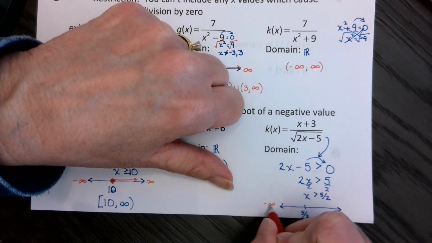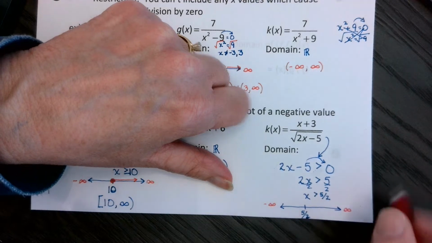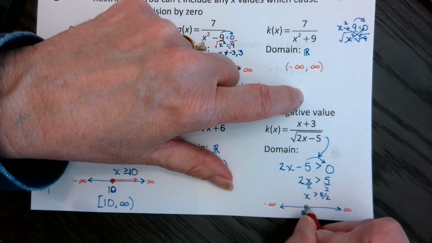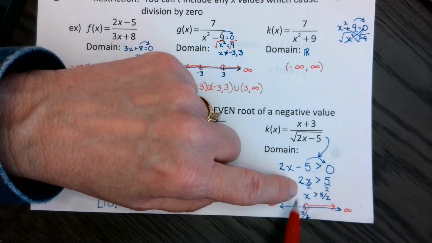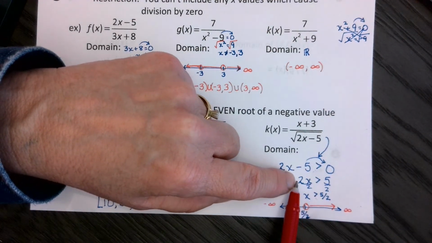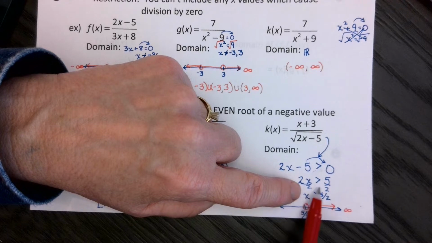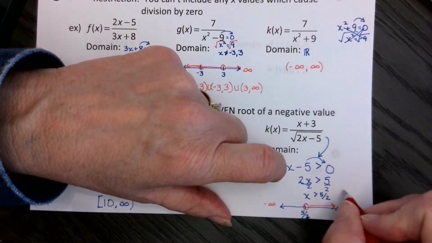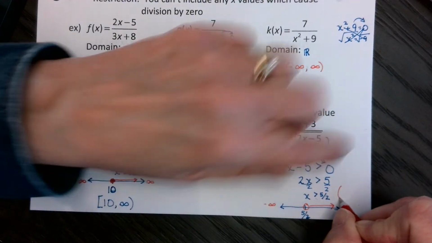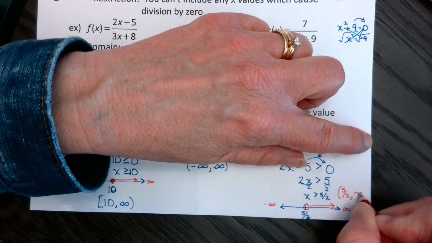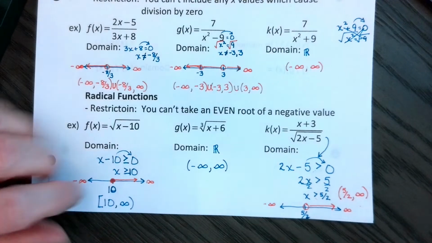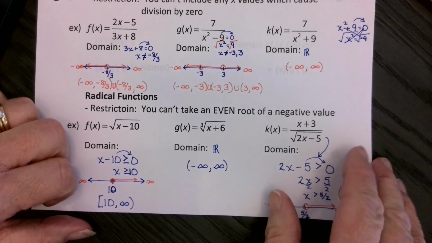Here's negative infinity, here's infinity. So it is an open circle at 5/2, and it's everything to the right. Don't forget though, if this had been a negative and we divided by a negative, our symbol switches, but it wasn't. Open circle, so it's a parenthesis, 5/2, it goes to infinity, and it's parentheses.